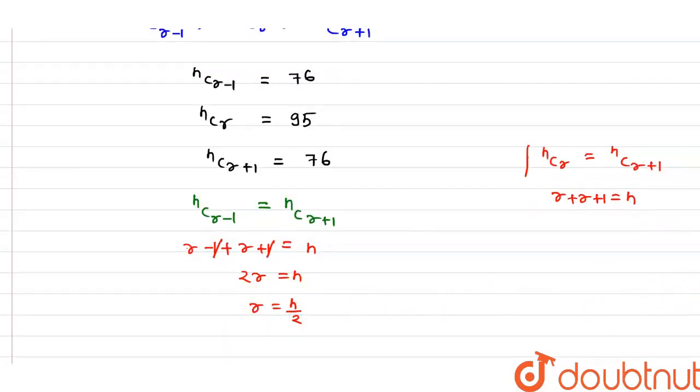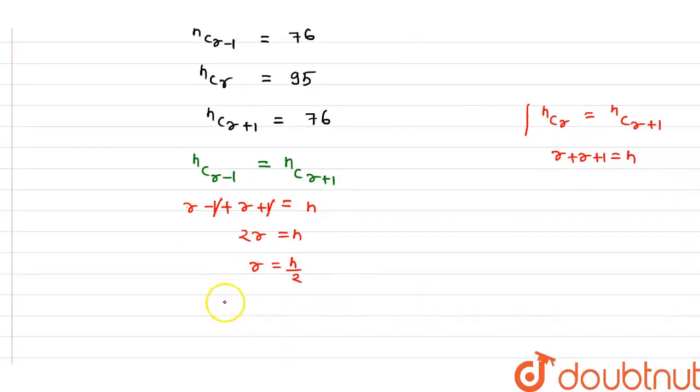Further, if we find the ratio nCr upon nC(r-1), the value of nCr is 95 and nC(r-1) is 76.